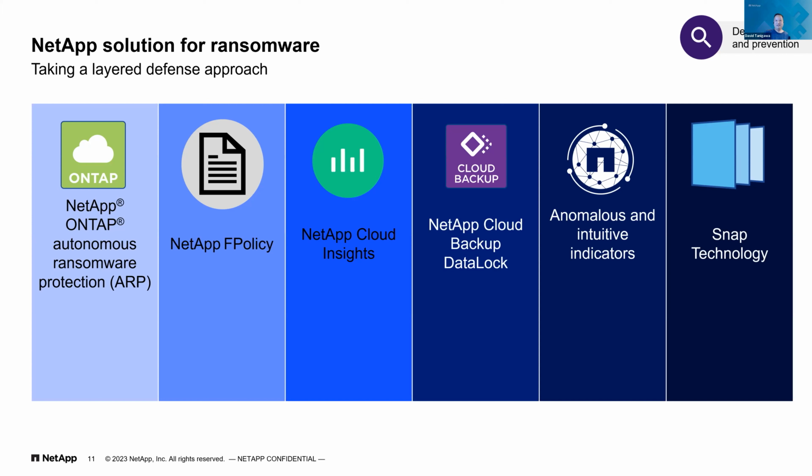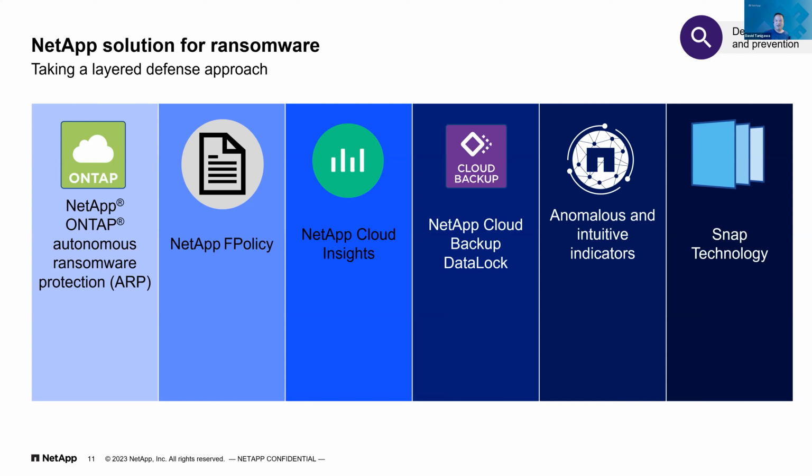As far as anomalous and intuitive indicators, the rate of data change can be an indicator of a ransomware attack. So we can configure Active IQ Unified Manager to monitor and alert on metrics, including abnormal volume growth rate, snapshot reserve usage, and abnormal storage efficiency.